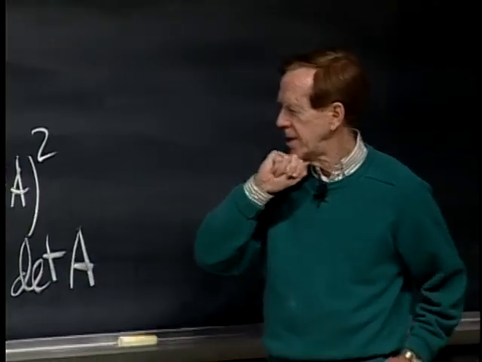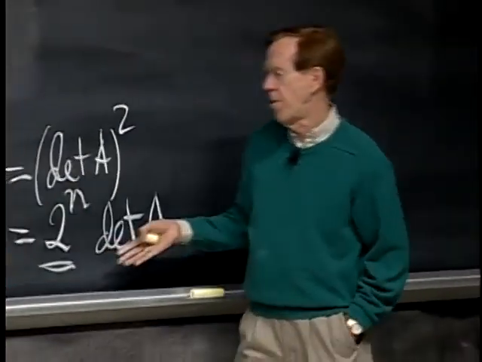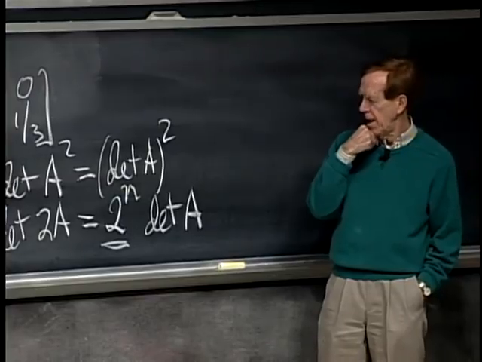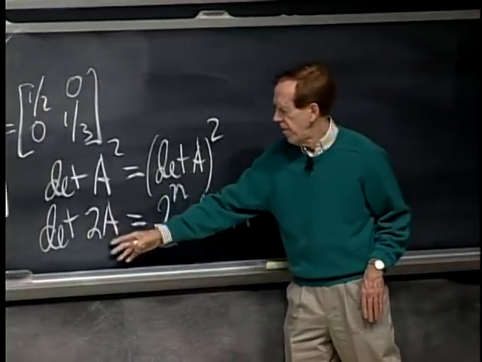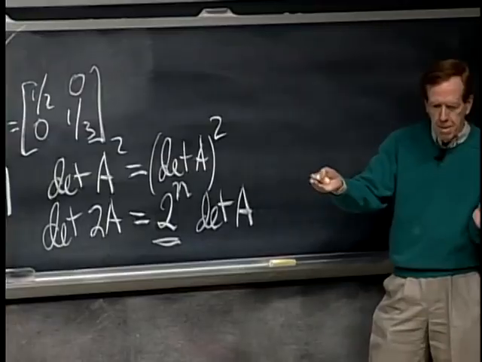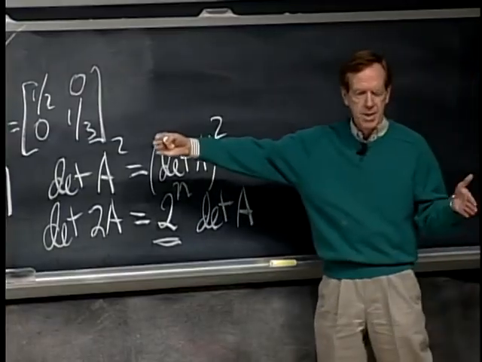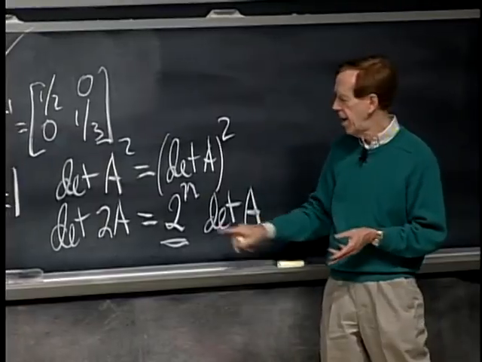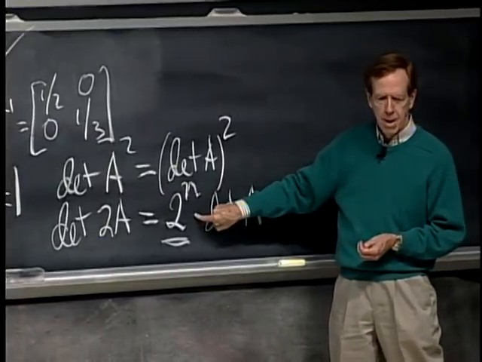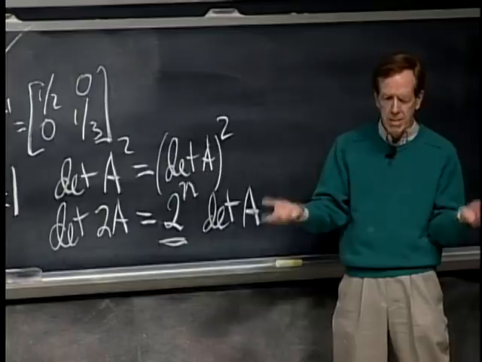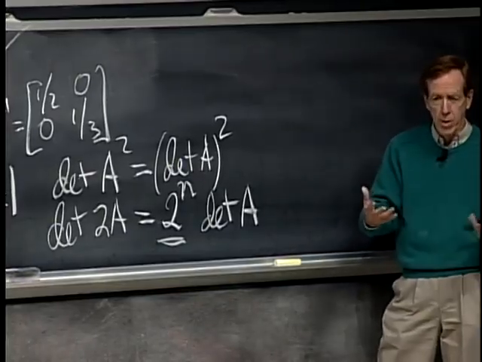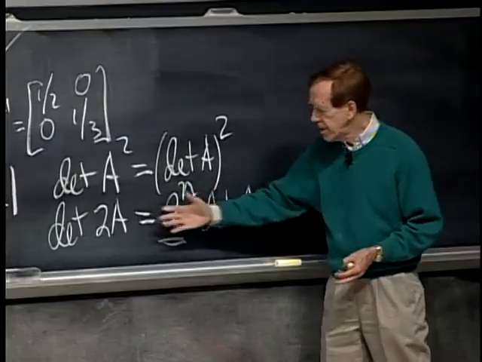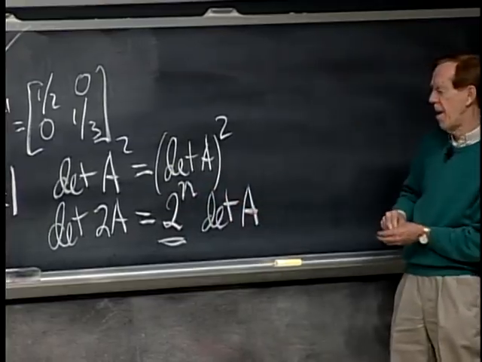So it's like volume, really, and that's one of the great applications of determinant. If I have a box and I double all the sides, I multiply the volume by 2 to the nth. If it's a box in 3 dimensions, I've multiplied the volume by 8. And this is rule 3a here.